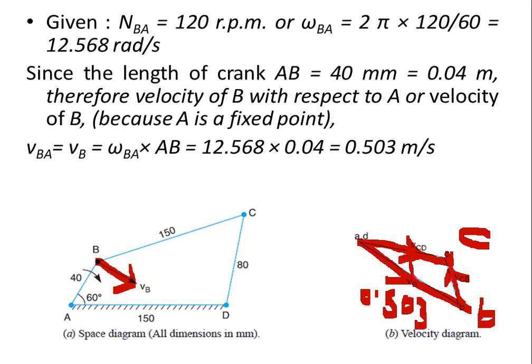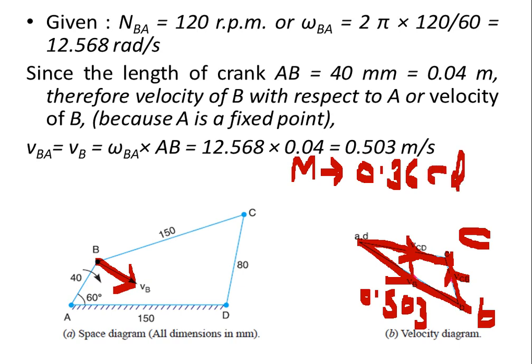Sir, CD I got 0.36, sir, 0.36 meter. Okay, what is your name? Manoj, sir. So Manoj, you got 0.36 for CD, right?